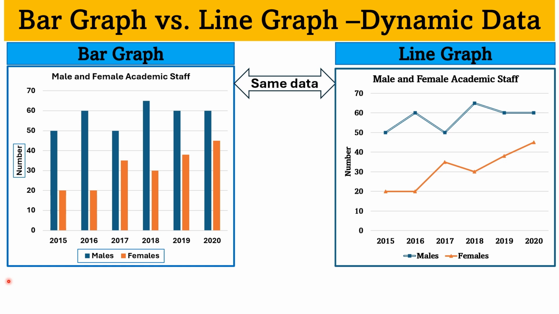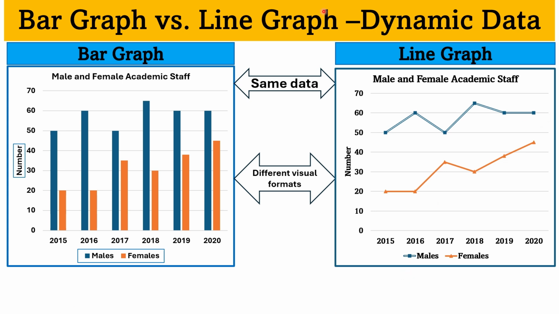Because this data shows change over time, we refer to it as dynamic data. It includes multiple time points and allows us to see how values rise or fall. The only difference is in how the data is displayed. One uses bars and the other uses lines.